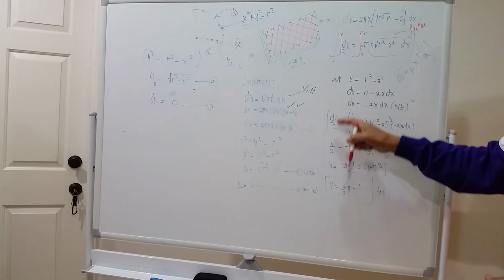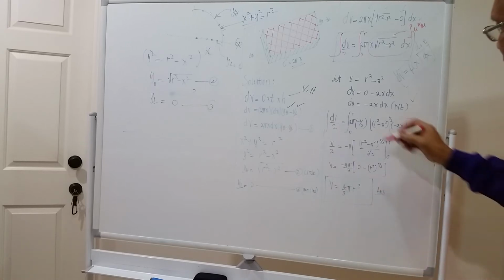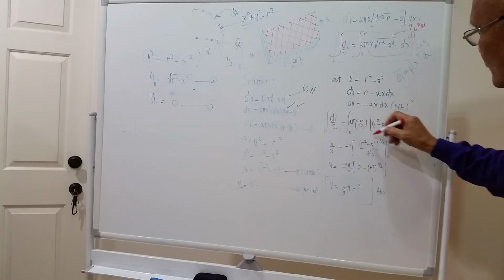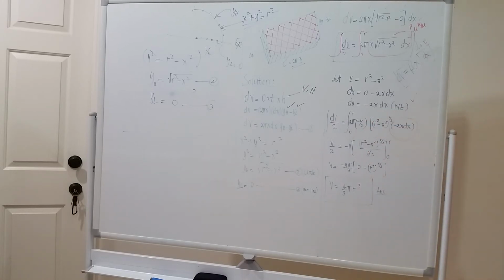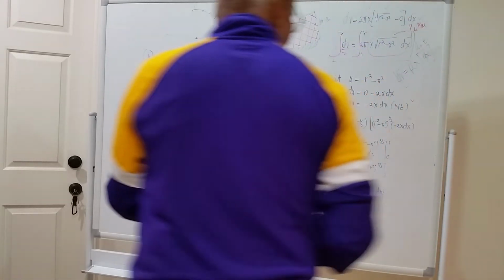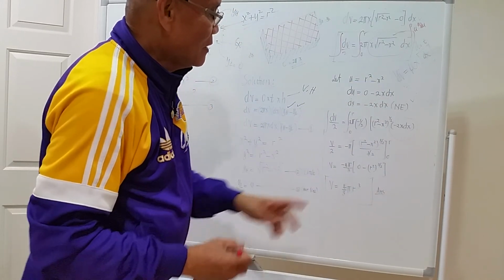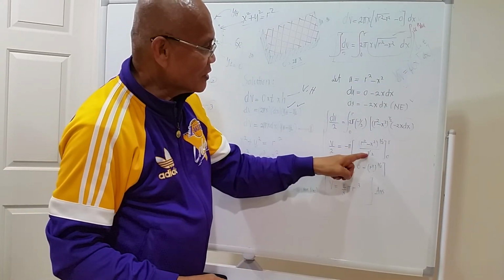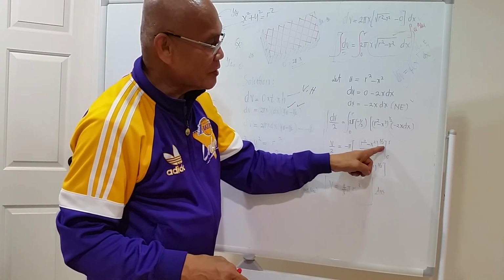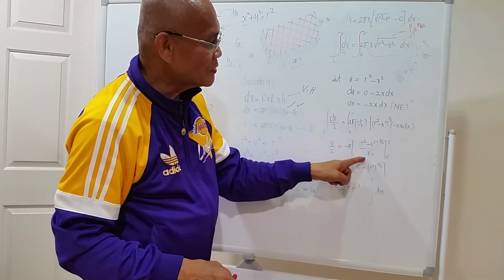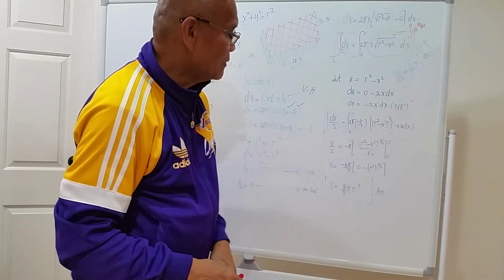The integral of differential volume over 2 will be volume over 2 equal to, these two here cancel with this, so negative 1 times pi will be negative pi, right? And the integral of this falls under the power formula. This should be r squared minus x squared. 1/2 plus 1 is 3/2, so this is raised to the 3/2, all over 3/2. Closed quantity with the limit from 0 to r.